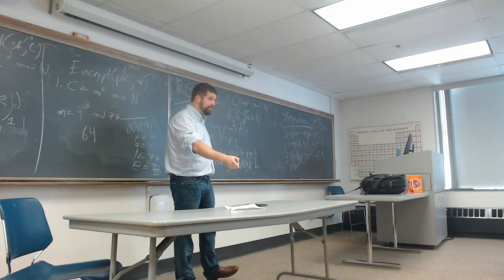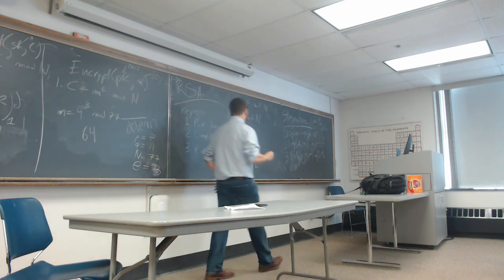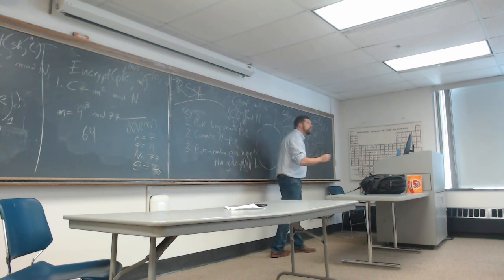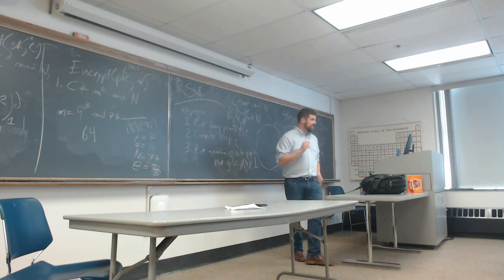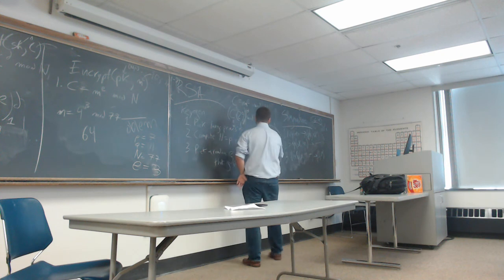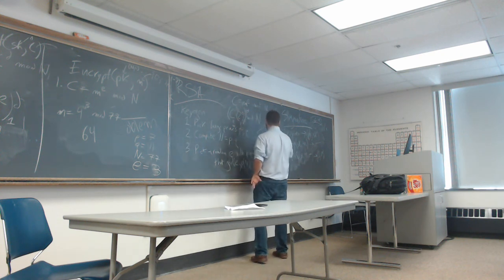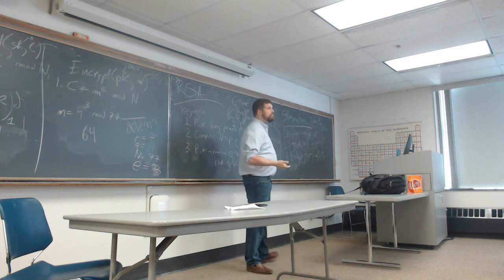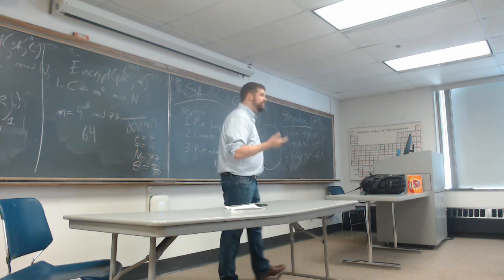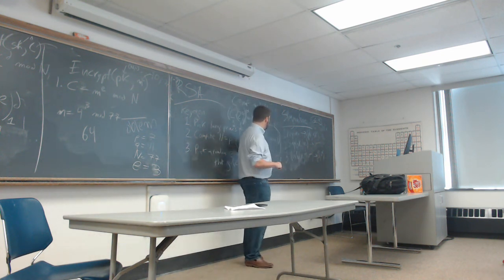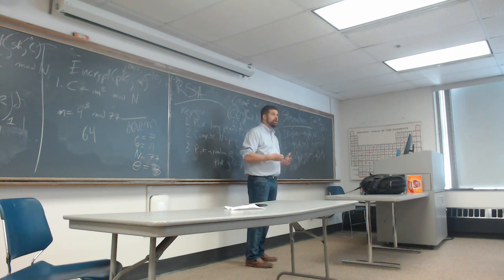Before you get up, think about this: what happens if I don't encrypt with the public exponent e? What happens if I take a message, instead of computing M to the e mod n, I take M to the d mod n? My claim is that if you use your secret exponent to encrypt a message, what you actually get here is a signature on the message.